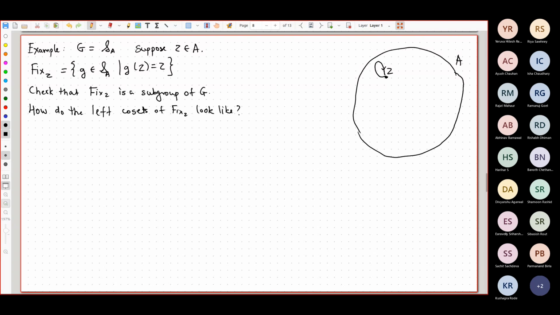You take an arbitrary permutation F in S_A, and then you consider the set F composed with Fix Z, which is the same as the set of F composed with G such that G of Z is equal to Z and G belongs to S_A. What is the nice property of this set now?